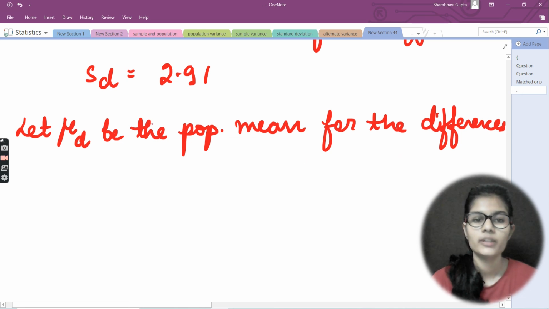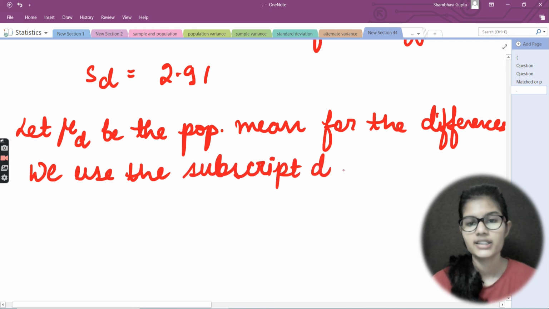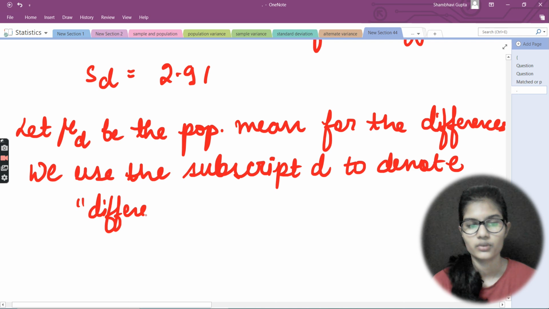Now we'll be using the subscript small d to denote the differences. So we will be using the subscript d for denoting the differences.